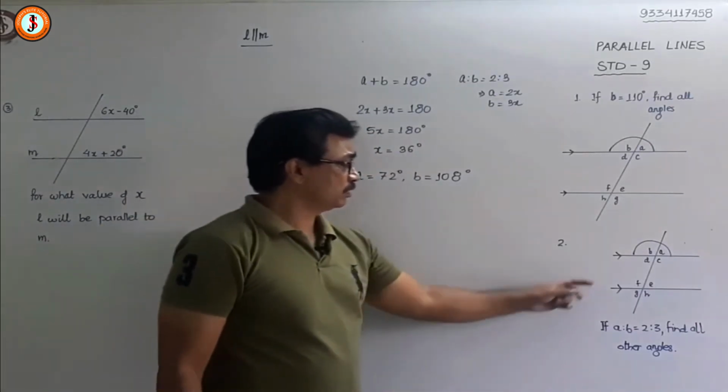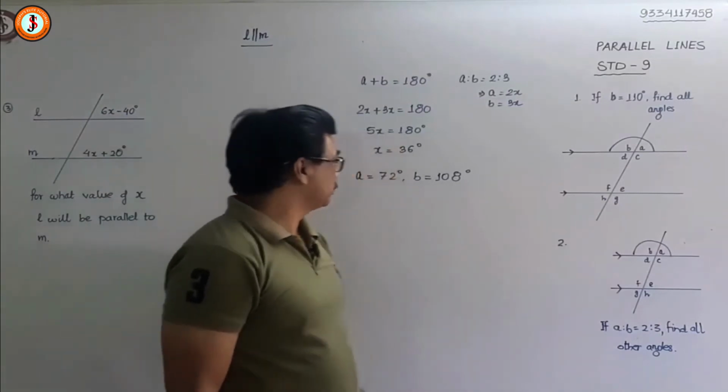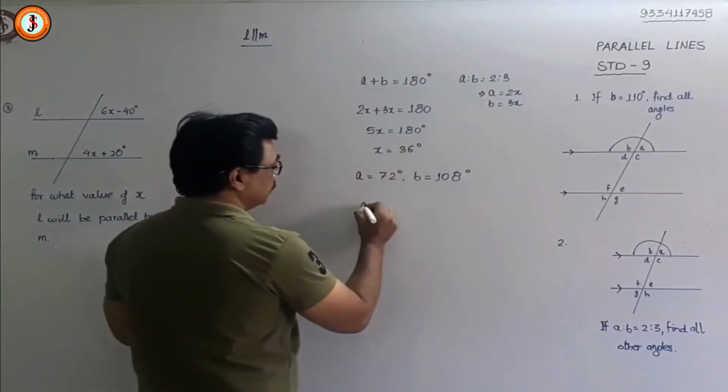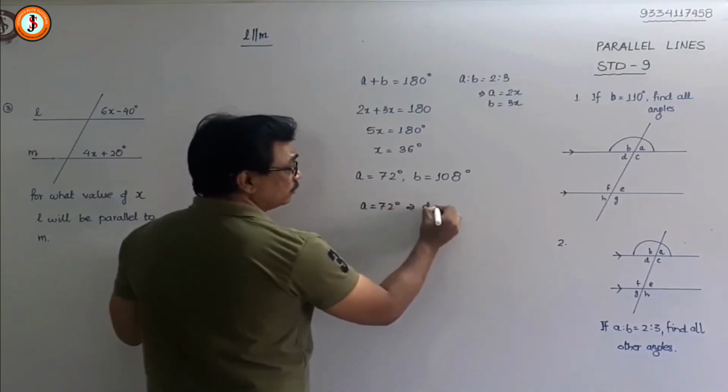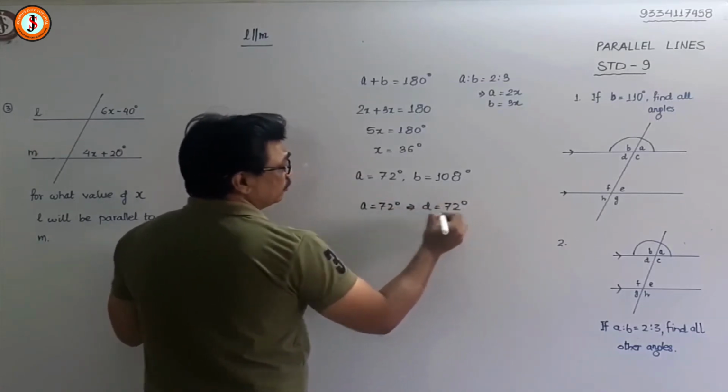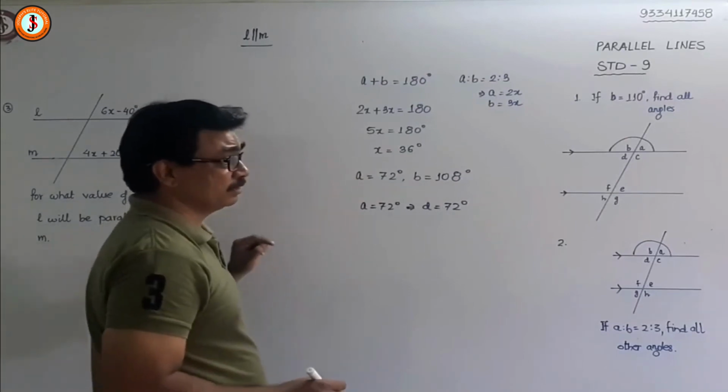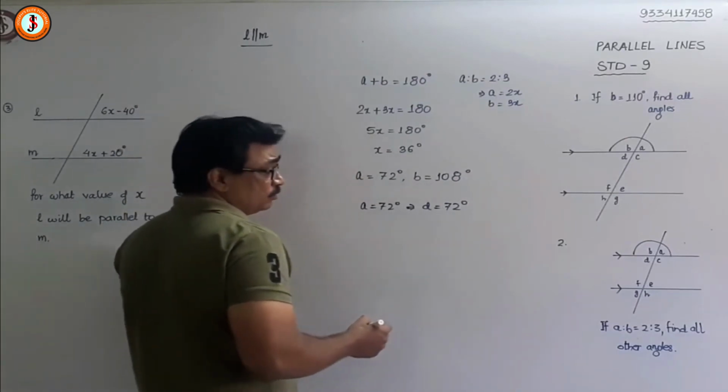A is 72, then D will also be 72. Why is D also 72? Because that is a vertically opposite angle. Then again we go to the same thing.